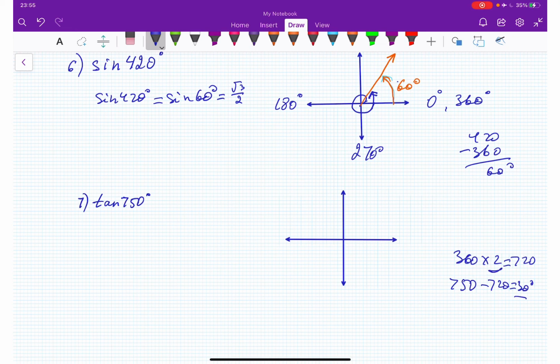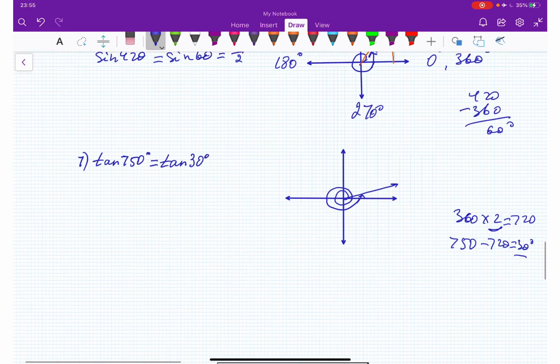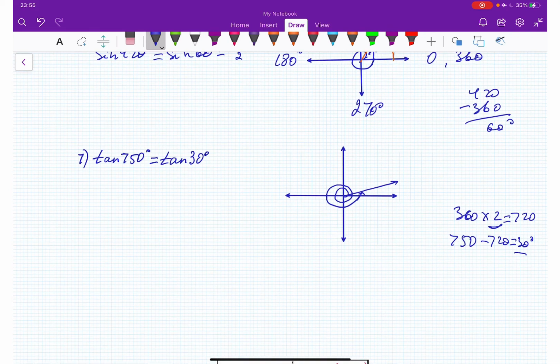Let's start. 1, 360, 720, and 30 degrees. And coming here, this is 30 degrees. So tangent 750 degrees is equal to tangent 30 degrees, right? So what is going to be tangent 30 degrees?